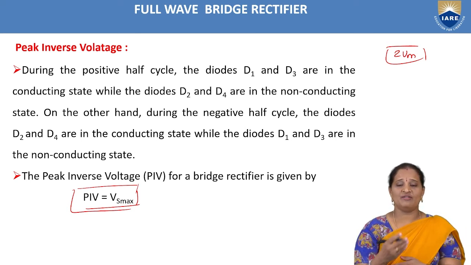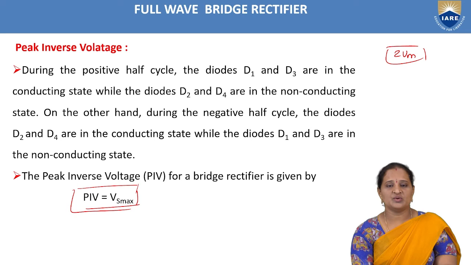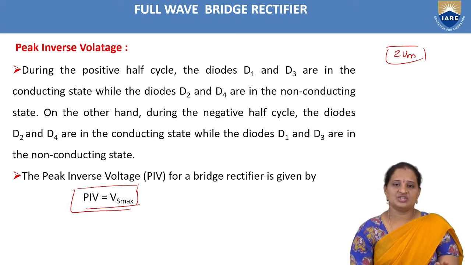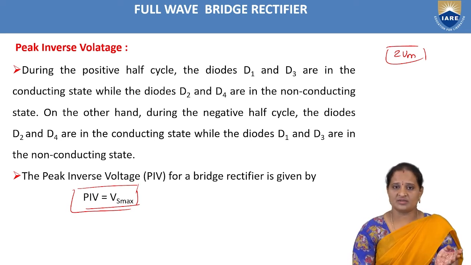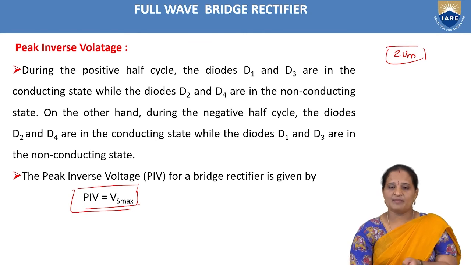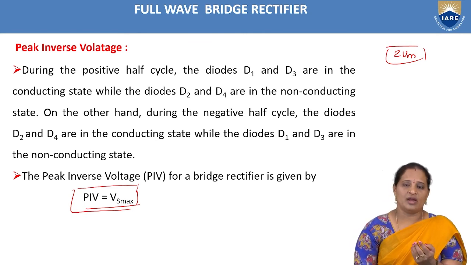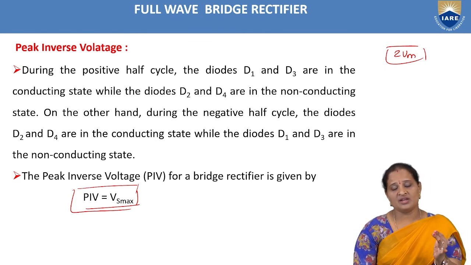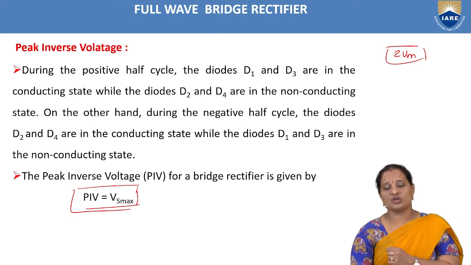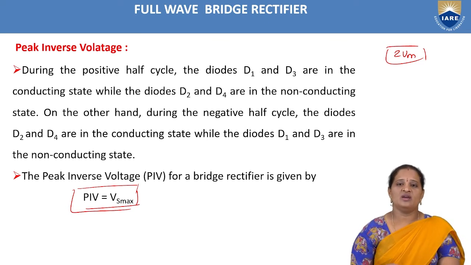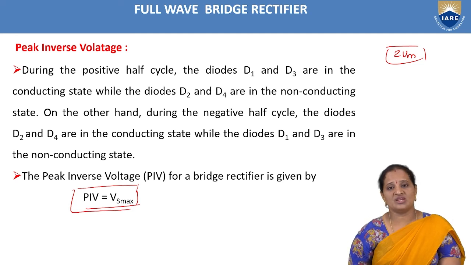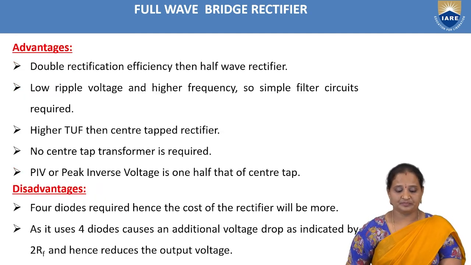So we have reduced the peak inverse voltage compared to the center tap full wave rectifier without disturbing the efficiency, ripple factor, and the remaining factors. Even the transformer utilization factor is improved. That is why this is the circuit majorly used in the designing of regulated power supplies.